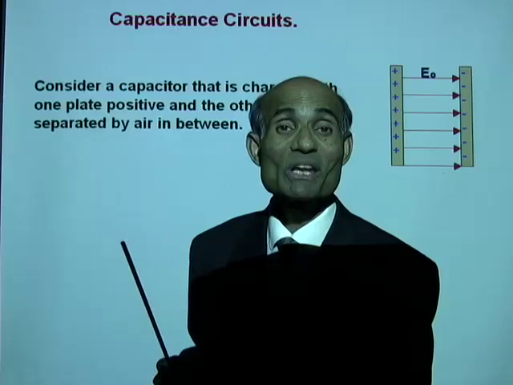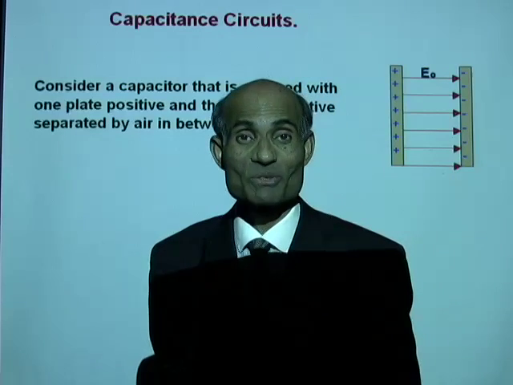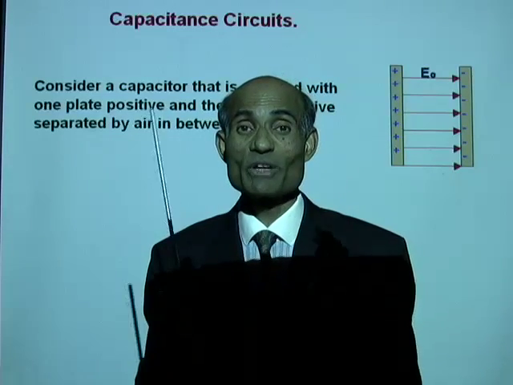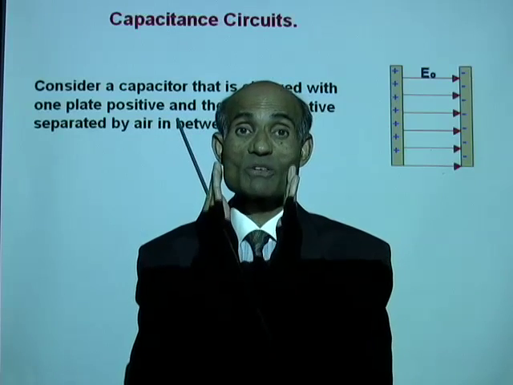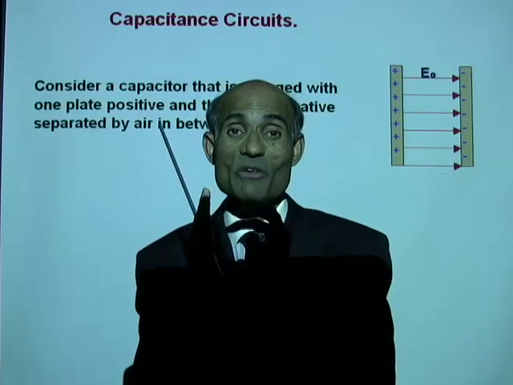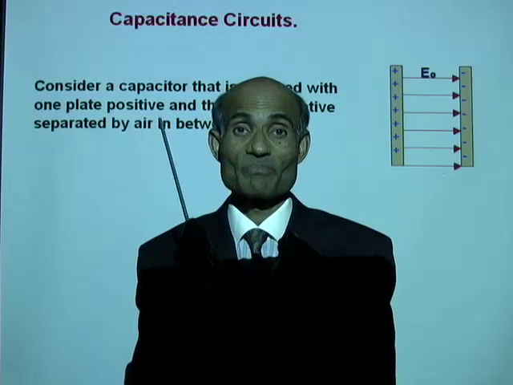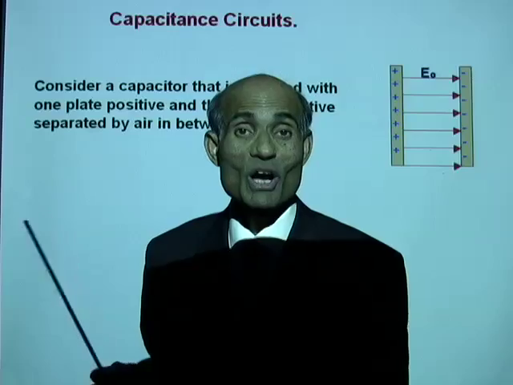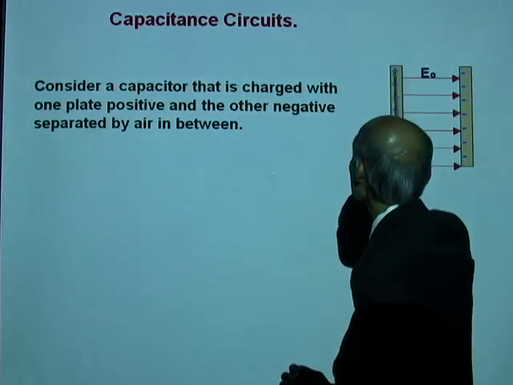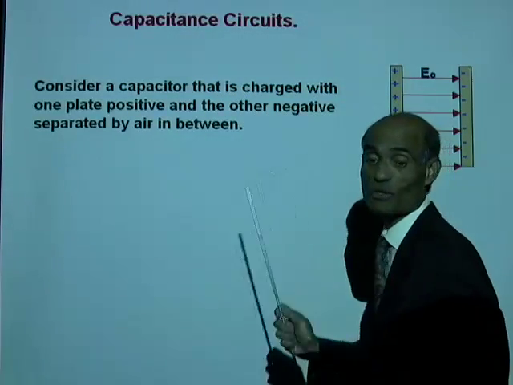Tell me, what is that electric field equal to? What is the equation for the electric field in between two parallel plates, one charged positive and the other charged negative? It is sigma over epsilon naught, where sigma is the charge density on the plates.